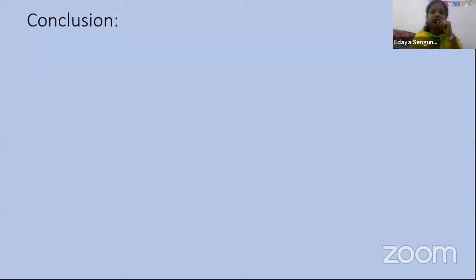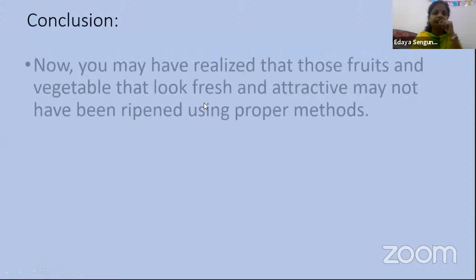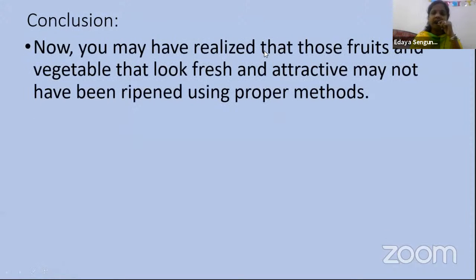Okay, I would like to tell you about this. Now be careful and attentive. You may have realized that those fruits and vegetables that look fresh and attractive may not have been ripened using proper methods. It means the conclusion you have made is not correct.